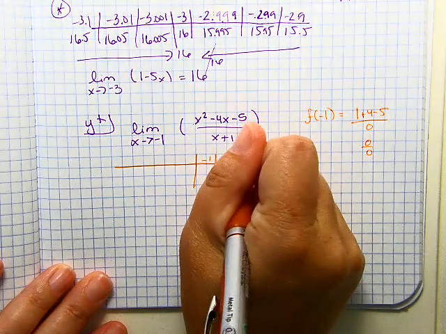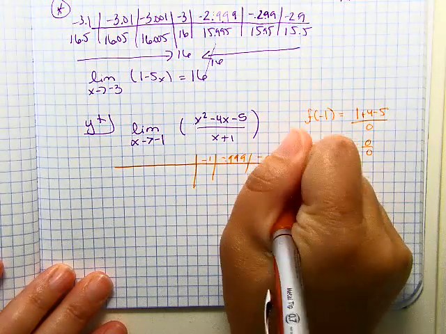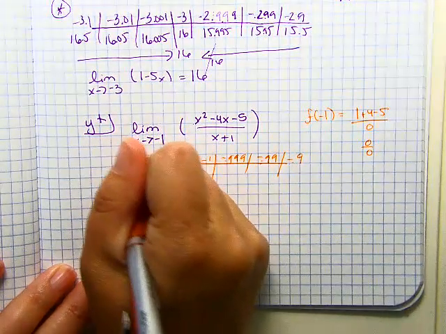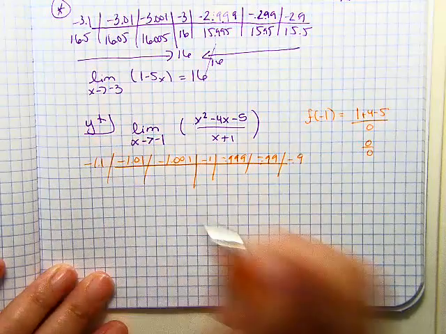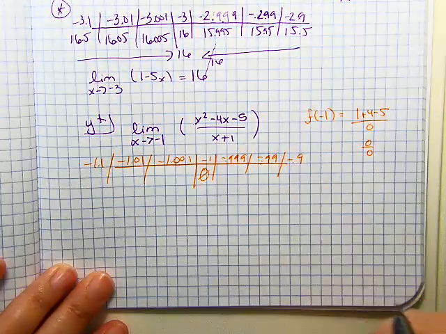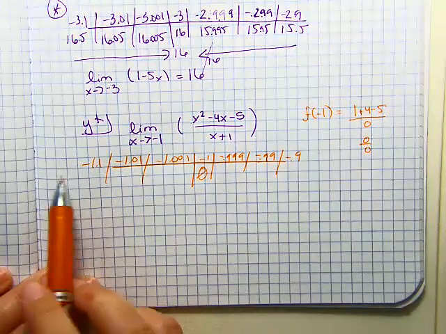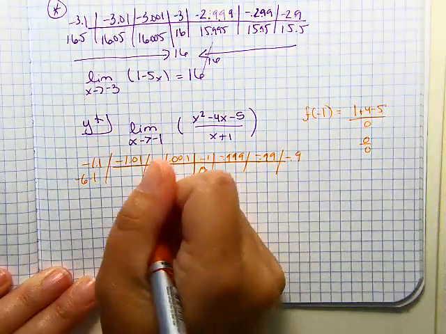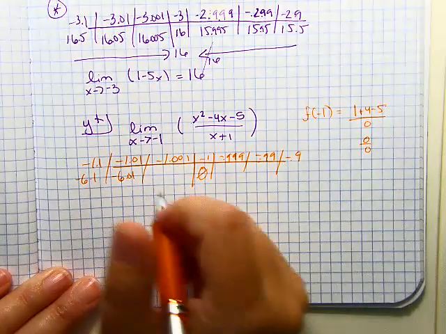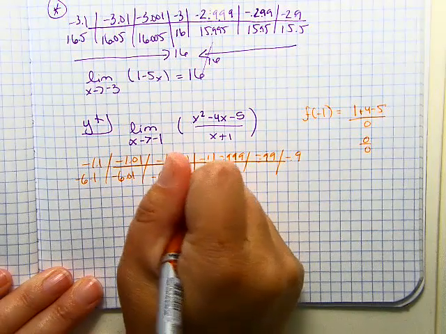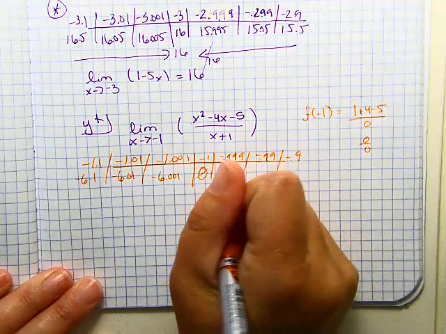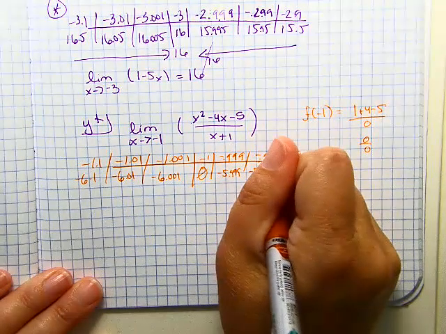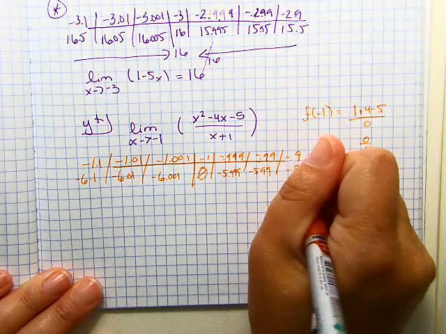Negative 0.999, negative 0.99, negative 0.9, negative 1.001, negative 1.01, negative 1.1. This was undefined, but when I plugged in negative 1.1, I believe I got negative 6.1, and this I got negative 6.01, and this I got negative 6.001, and here I got negative 5.999, negative 5.99, negative 5.9.